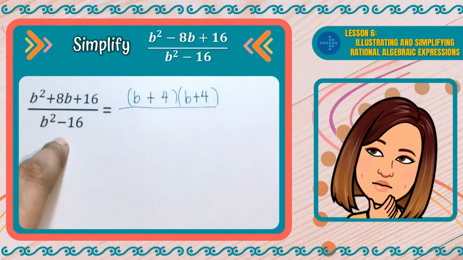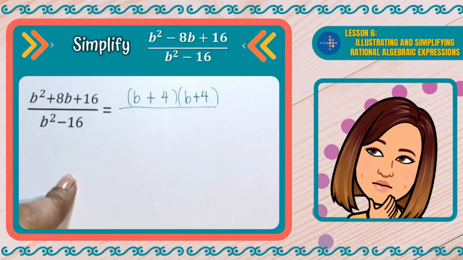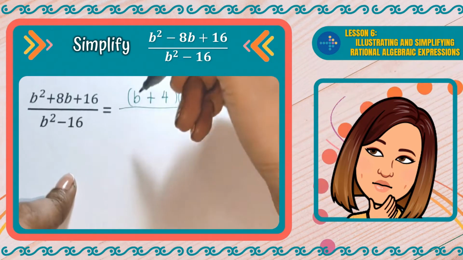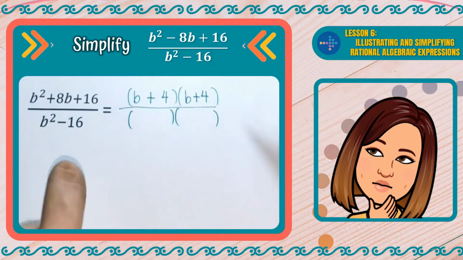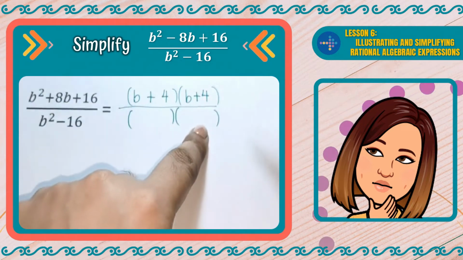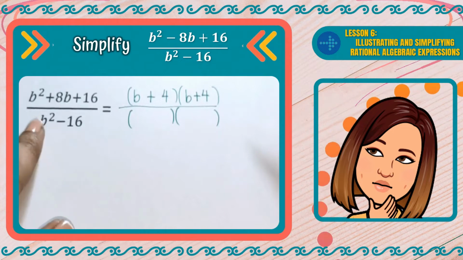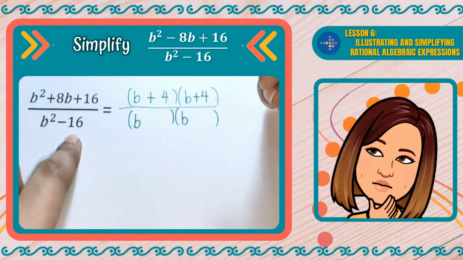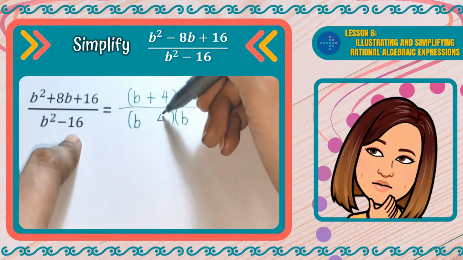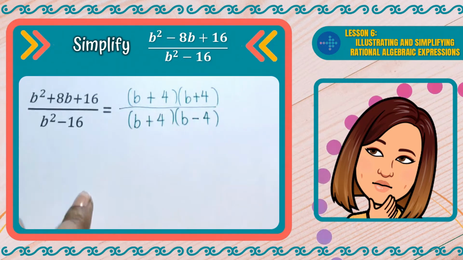While in the denominator, b squared minus 16, ito ay factorable by using difference of two squares. Ito naman, isang sum, isang difference. Kailangan din natin yung square root ng first at ng second term. Ang square root ng first ay b, and square root ng second term ay 4. Then, isang plus, isang minus.